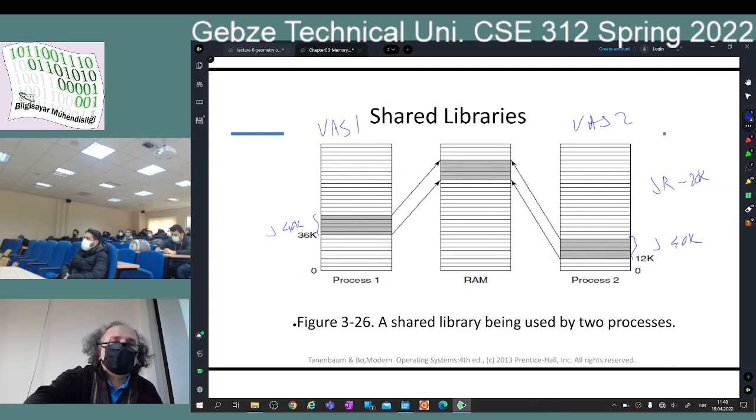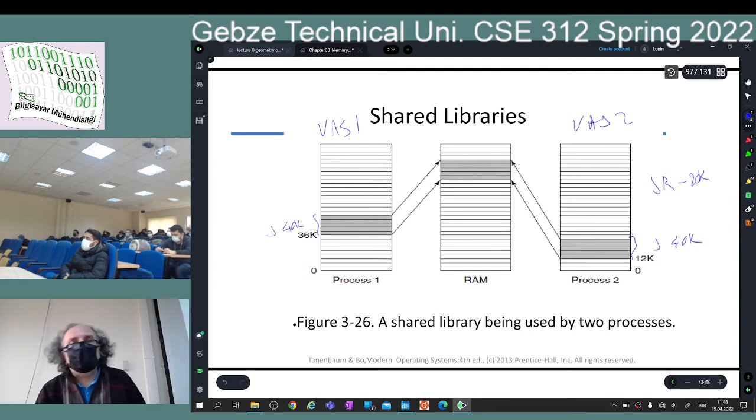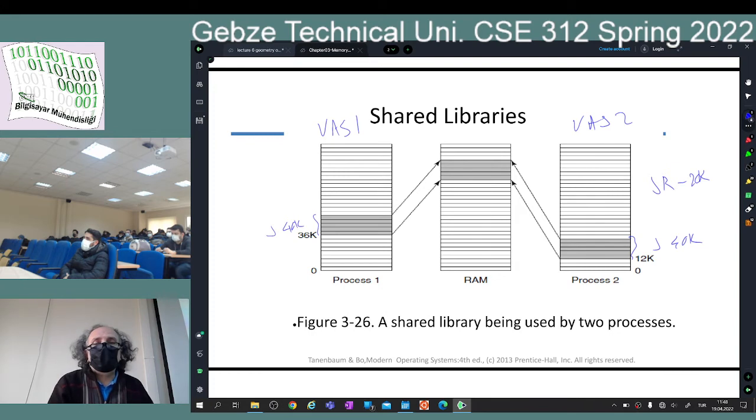Process number 1 thinks that there is a library at this position inside the virtual address space, and process number 2 thinks the same library is available at this position, but in fact these are just page tables pointing to some memory location in the physical address space. This way I am sharing the DLL libraries.